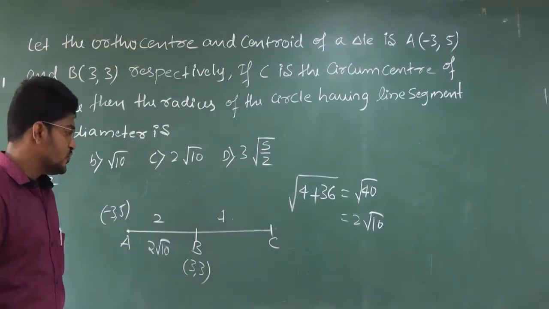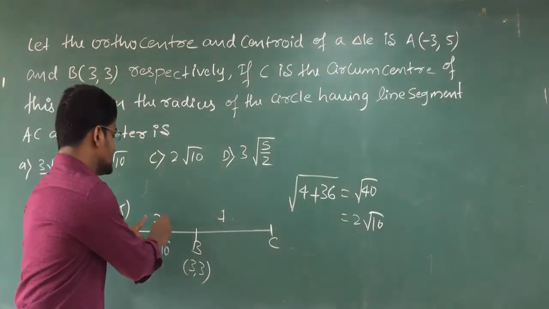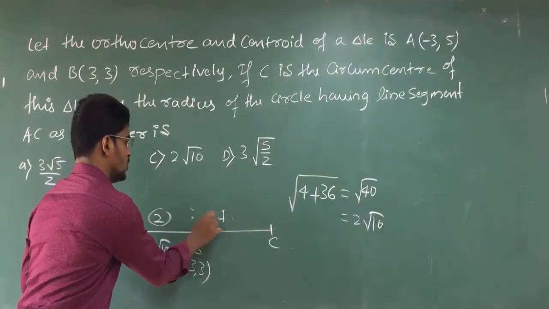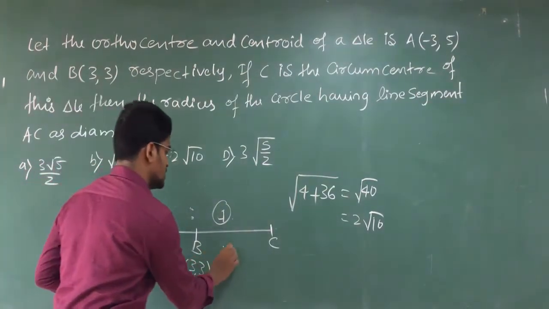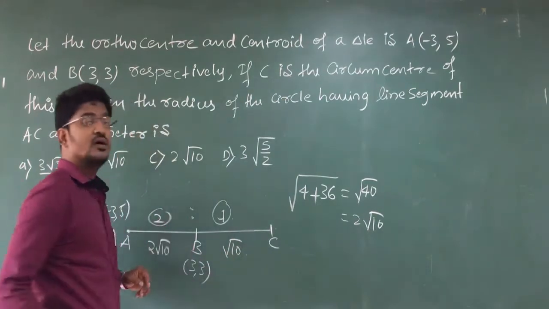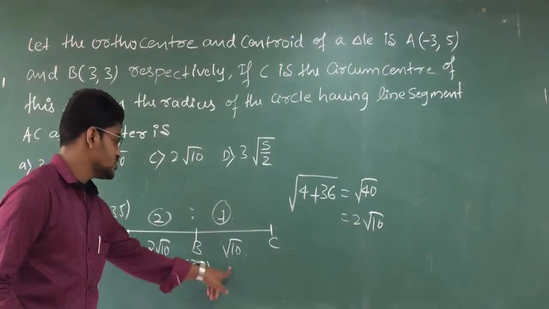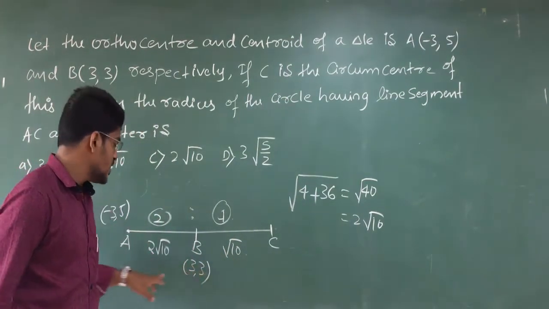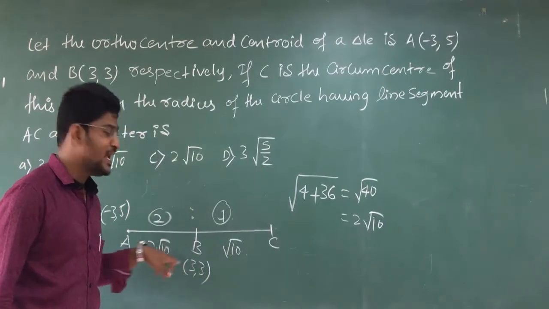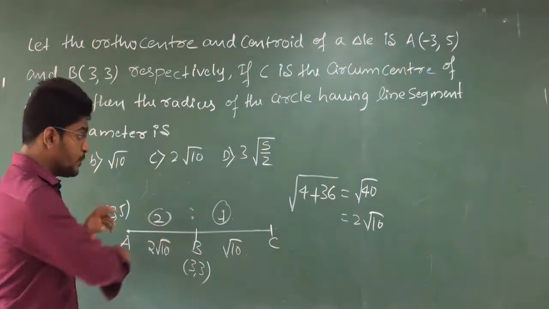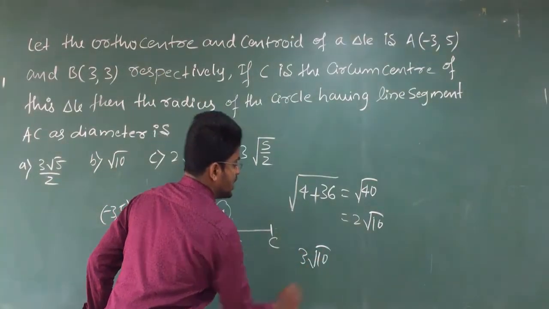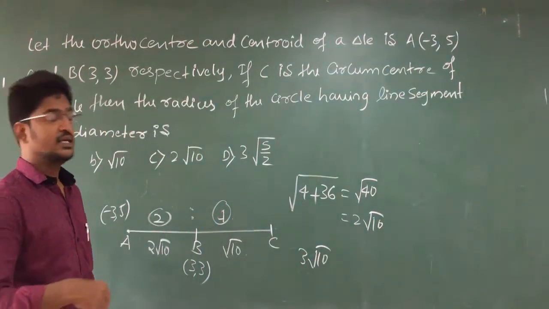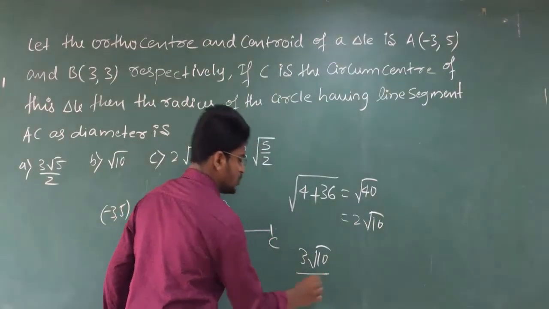Clear? So we know that it is in the ratio 2:1. If this is 2 root 10, this will be how much? Root 10. Clear? That's why 2 root 10 and this will be root 10. The complete length of AC will be how much? 3 root 10. Clear? Now the radius is nothing but divided by 2.